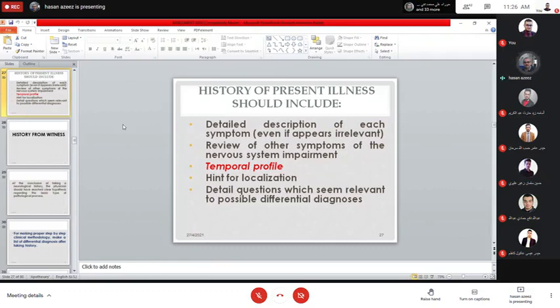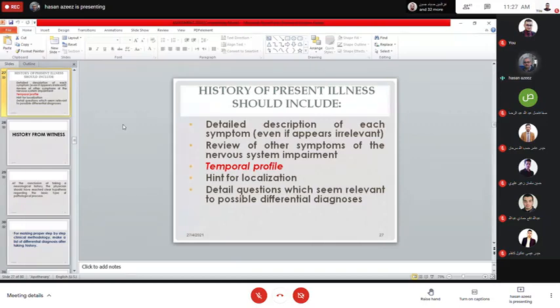This is in history of present illness, not in systemic review. You should review the symptoms of the nervous system, other than the complaint of the patient. The third one, I put it in red, temporal profile. Then hints for localization.